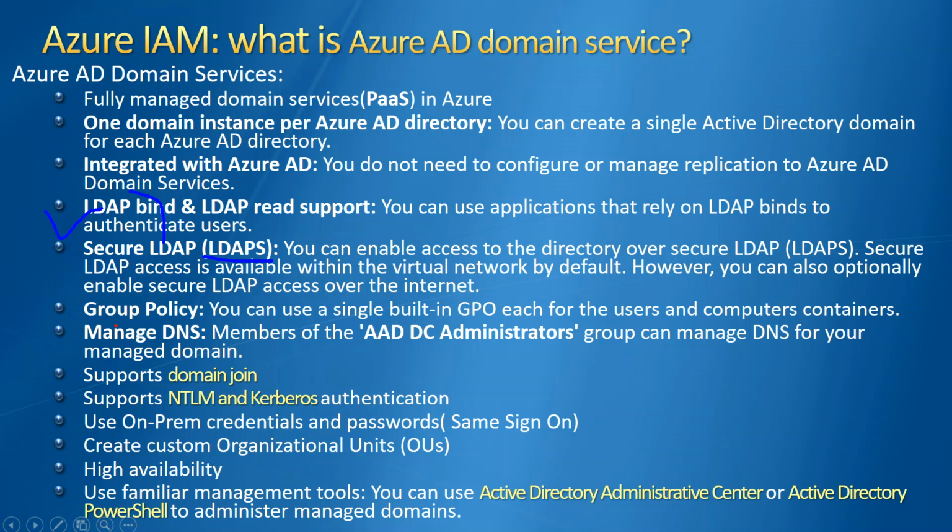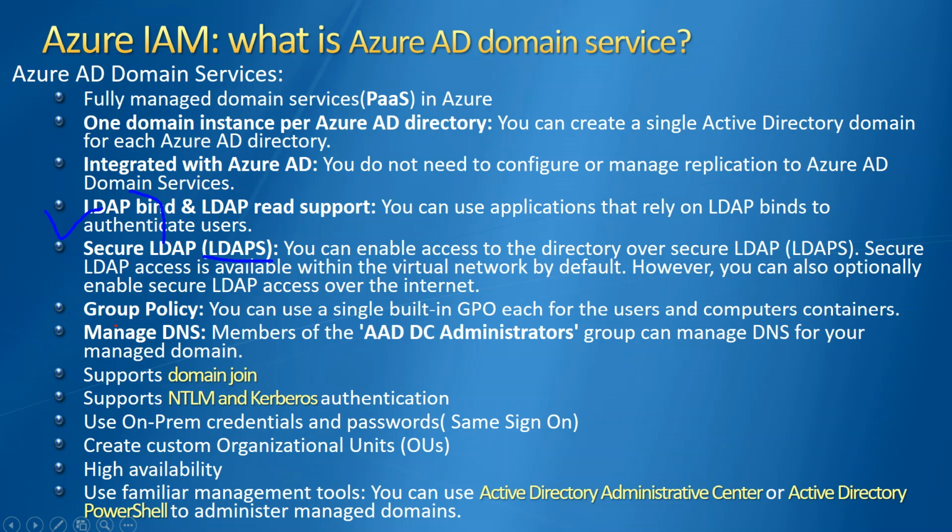Next, it supports domain join. That means you can join any of your VMs. And also, if people have worked in the past or they know it, Azure AD also supports domain join, Azure AD, not the domain services, but that's very limited. It's only limited to Windows 10 machines, Windows 10 tablets or Windows 10 mobile devices.